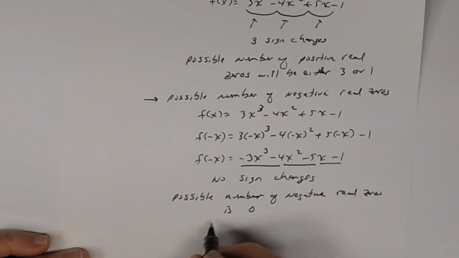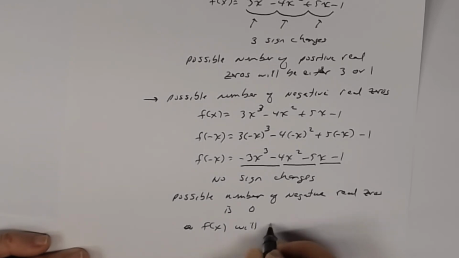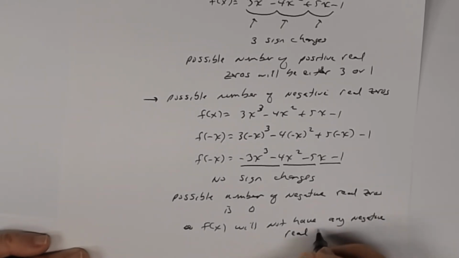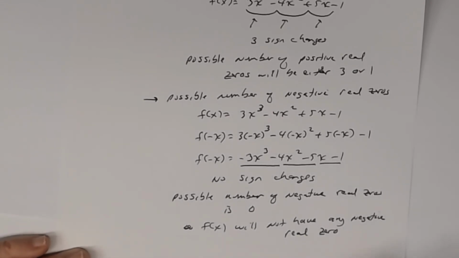So that means that f of x will not have any negative real zeros. That's what that means. You're not going to have any of them.